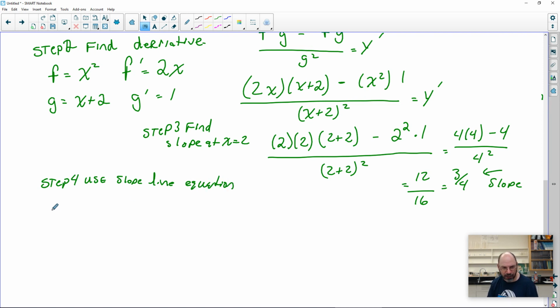Okay, and the point-slope equation is y minus y1 equals slope times x minus x1, where y1 and x1 are the point. 2 for x, 1 for y. And the slope is 3/4.